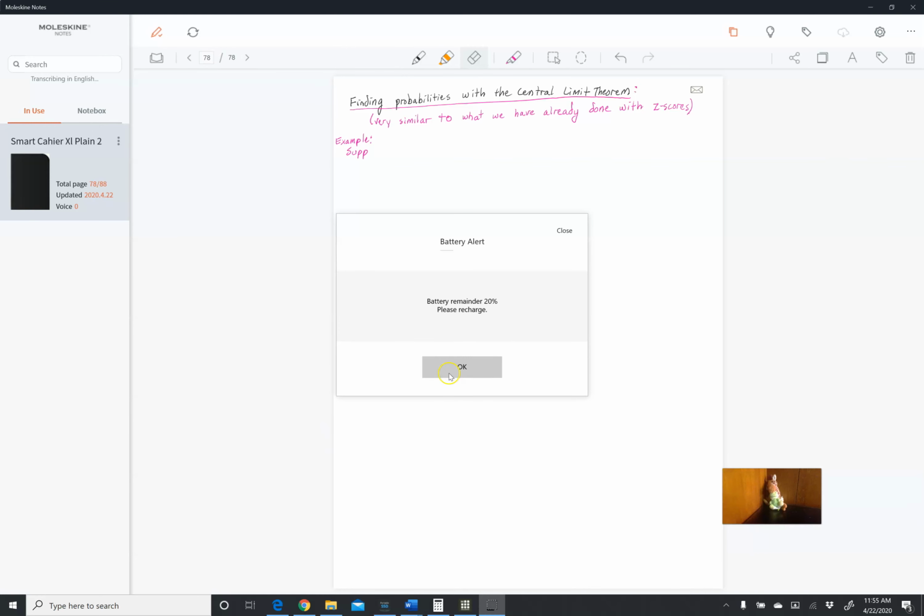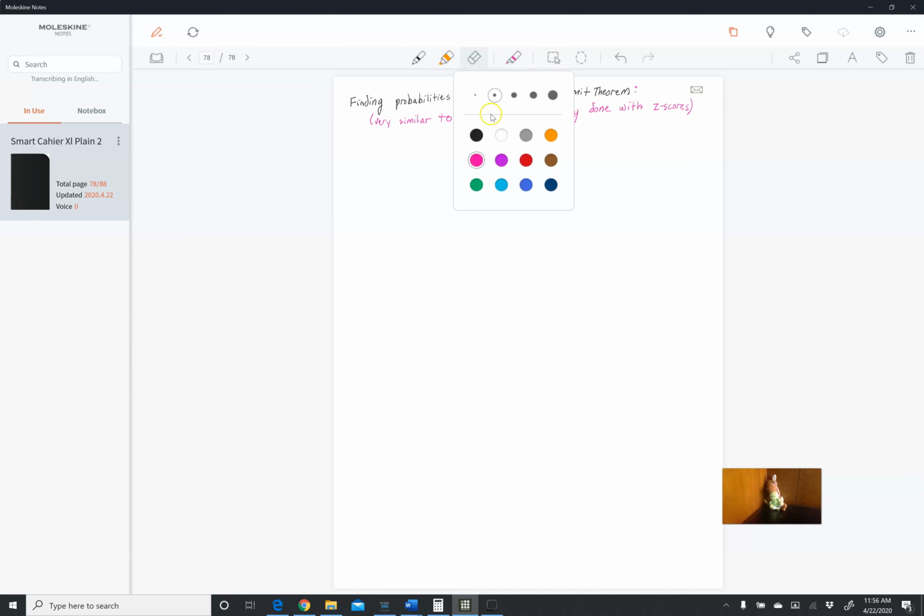It's simply a little bit different because we're using the z-scores. So I just want to indicate that it's different. So suppose we're given the following data.